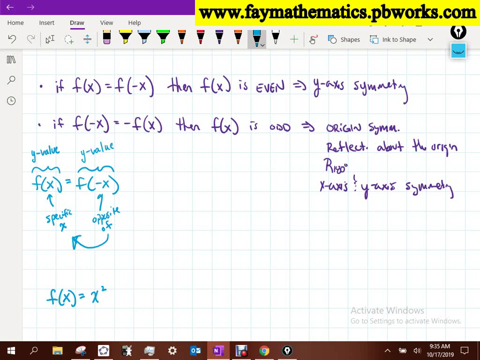We know this rule here should hold for (2, 4).